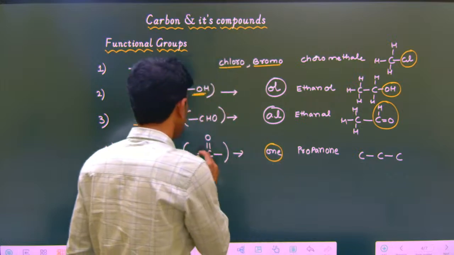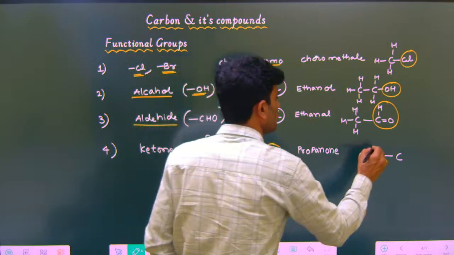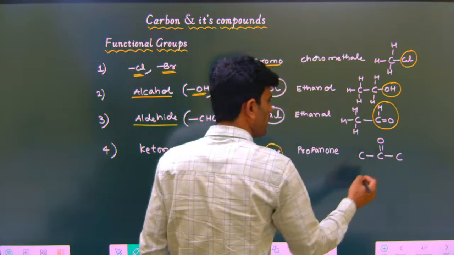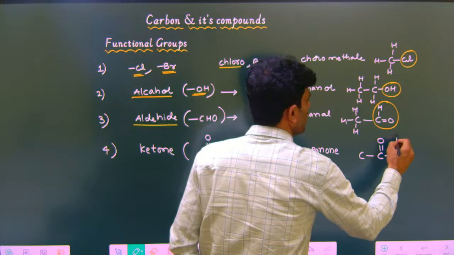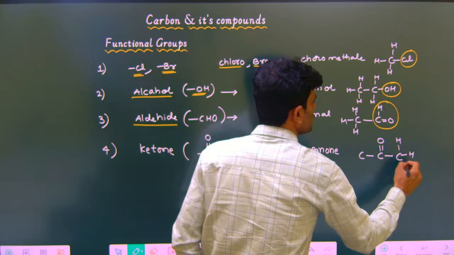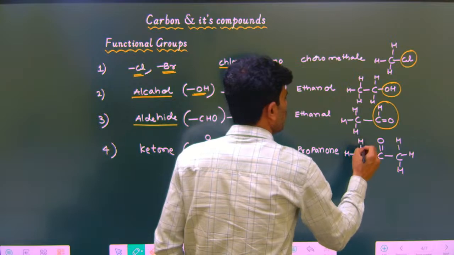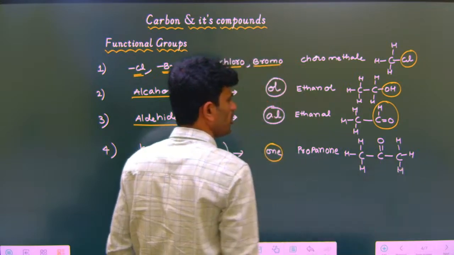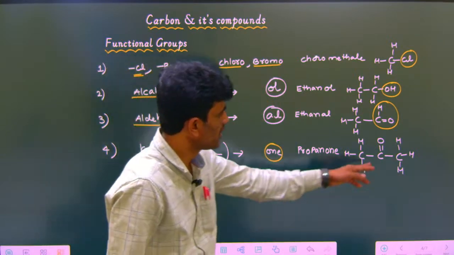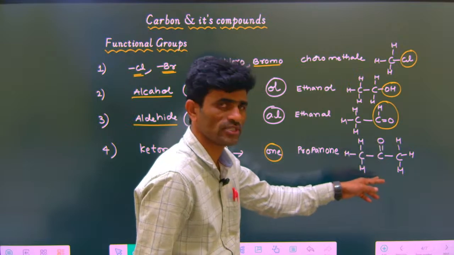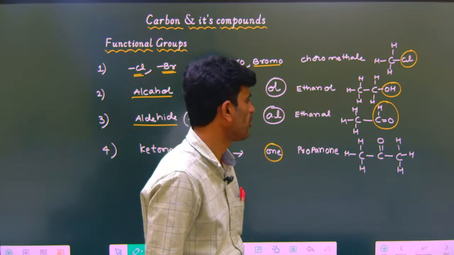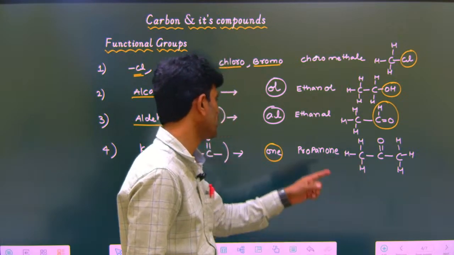So in the middle carbon we will be having double bond O over, but for the other two we will be having hydrogens as it is. This is the structure of propanone. Propane, but here instead of one hydrogen up, one hydrogen down, we will be having one double bond and O in the middle. That is what? Propanone.